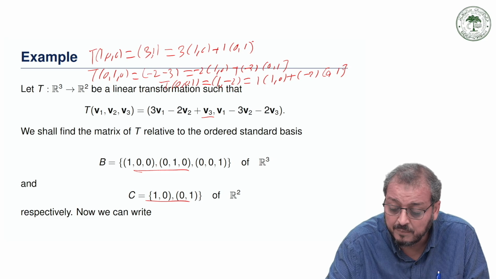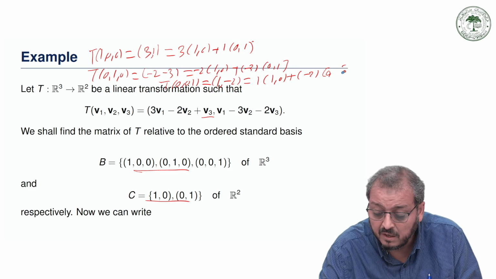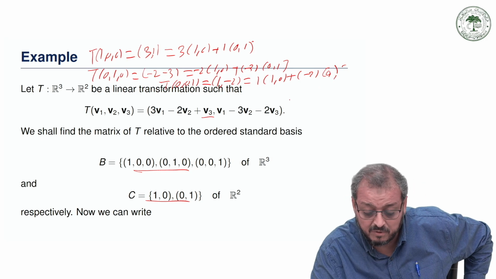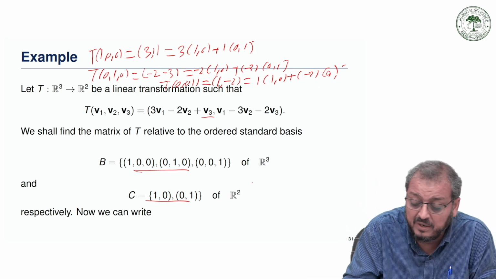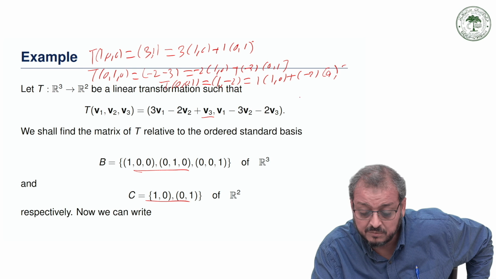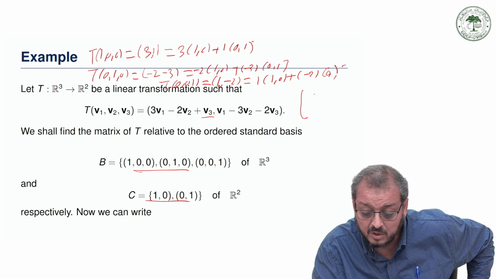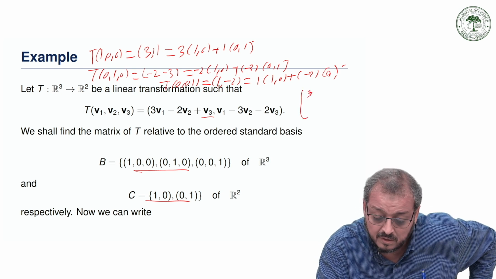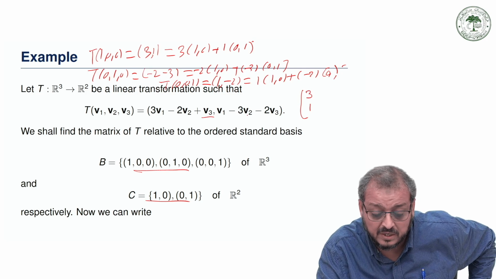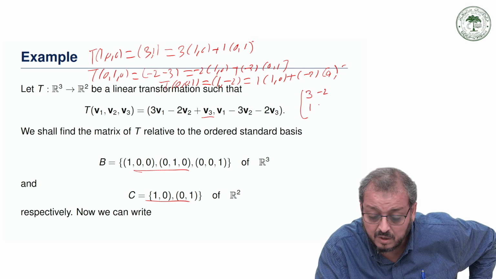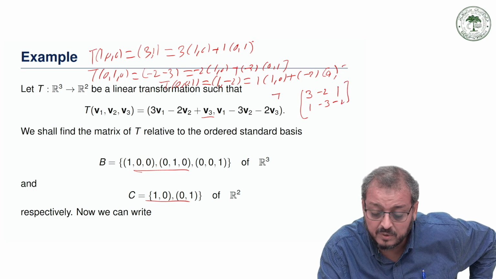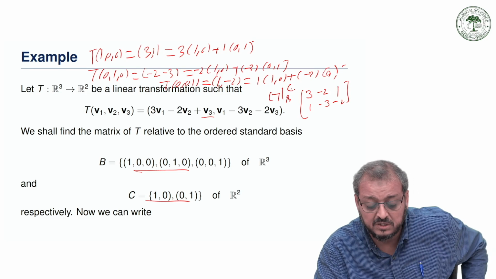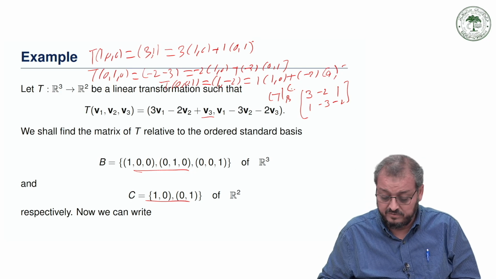By this we can write the matrix, which is 3 comma 1, then minus 2 comma minus 3, then 1 comma minus 2. This is T corresponding to B and C for the standard basis.